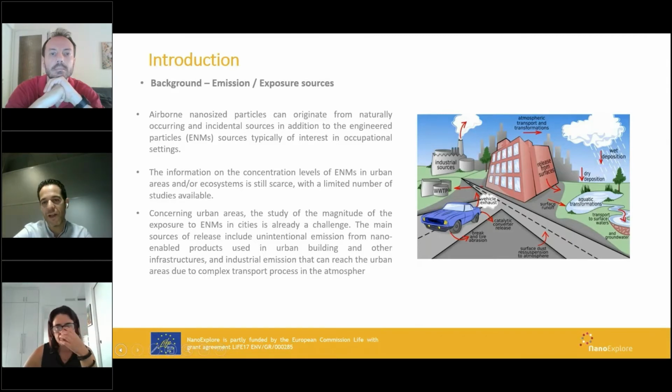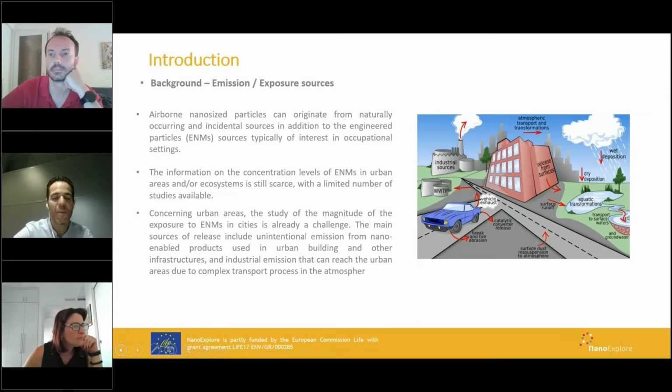Some of them can be generated in the environment through different dynamic processes in the atmosphere. But here in the NanoExplore project, we are most interested in the materials that we can find in industrial settings, industrial workplaces, but also around cities, for example. So it is more environmentally related engineered nanomaterials.